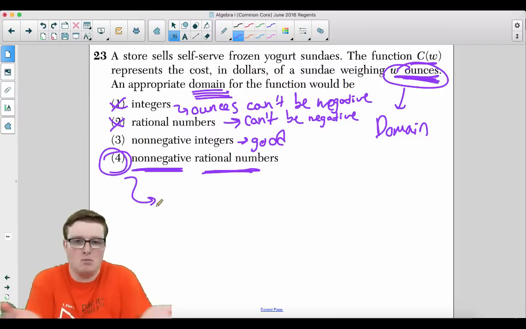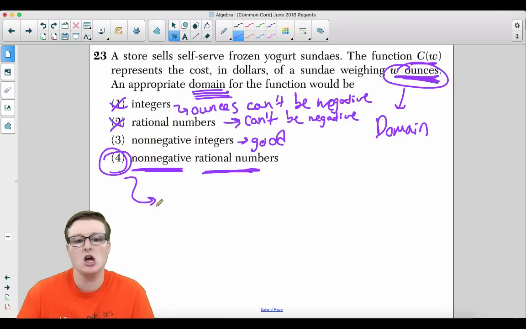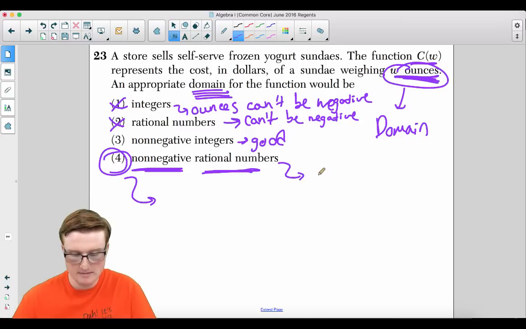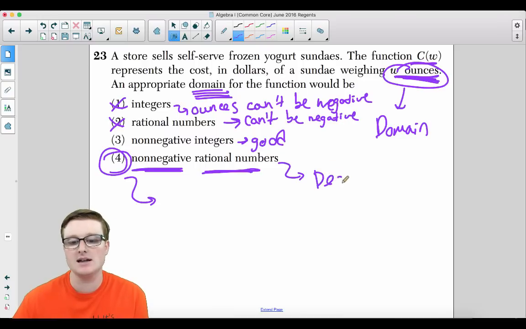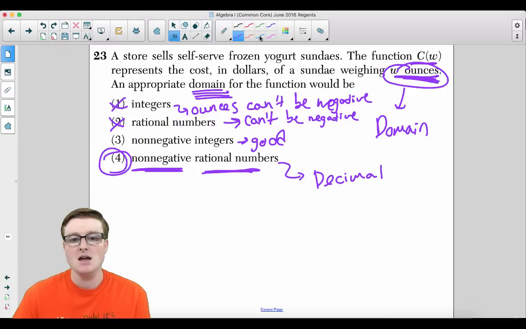Well, they still weigh it, and they're like, okay, 5.2 ounces is how much it costs. So this is the better answer of the two. Non-negative rational numbers, because it doesn't necessarily have to weigh an exact integer. It could be a decimal. That's perfectly fine because it is ounces.